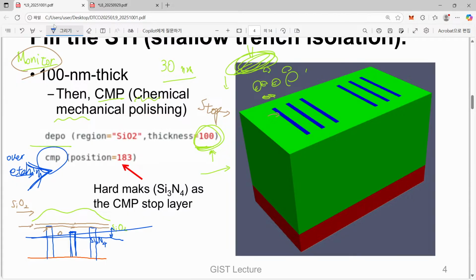So I remember that when I studied in my own PhD course, CMP was relatively regarded as, how can I say, a large-scale process for less advanced ones, because at the time their control was not that exact or accurate.